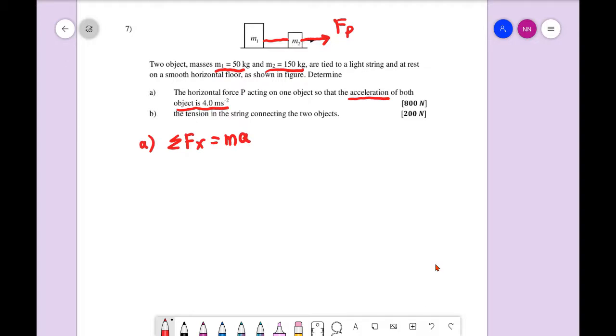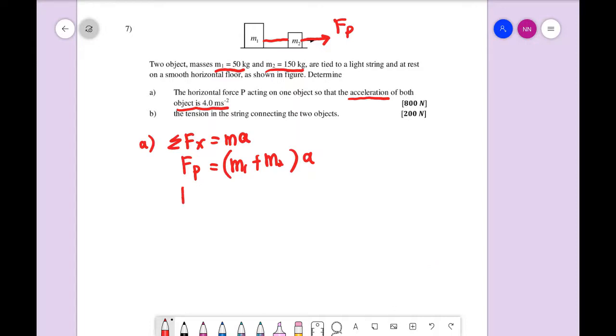It has only force P, force P to the right. Force P pulls M1 and M2, so both M1 and M2 will accelerate with the same acceleration.